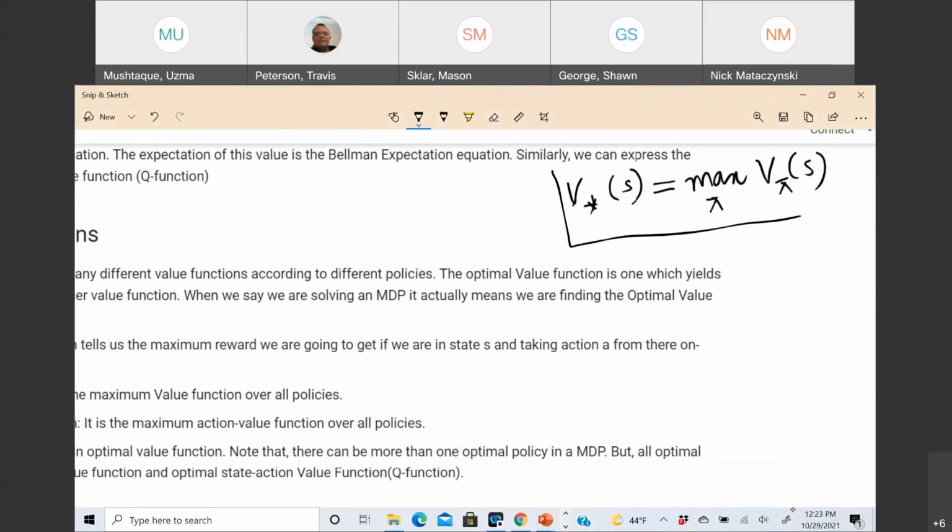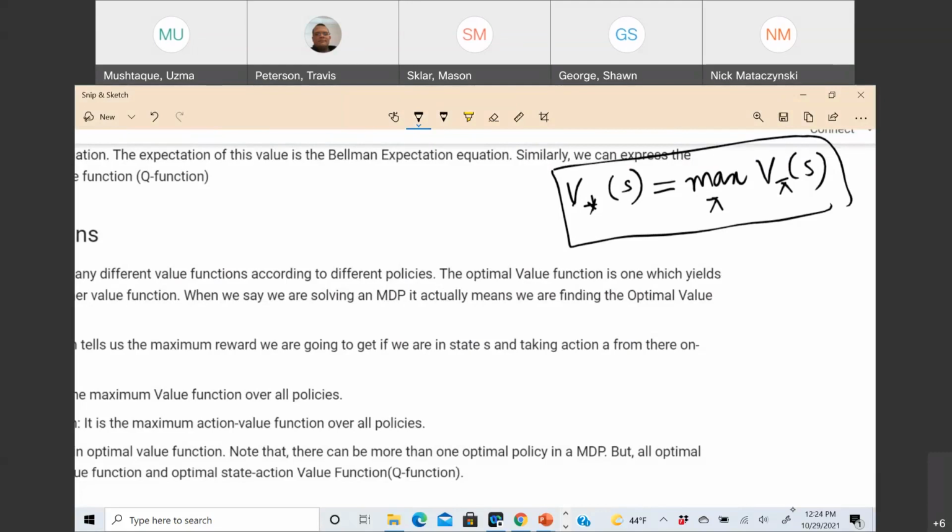As simple as that, right? So this is my optimal value function. This is what I want, right? So V star tells us what is the maximum reward we can get from the system, and that's what we are after, right? Obviously, once we have that, because we are looking at every state, at every reward that we are getting, from the perspective of both the V and the Q function, right?